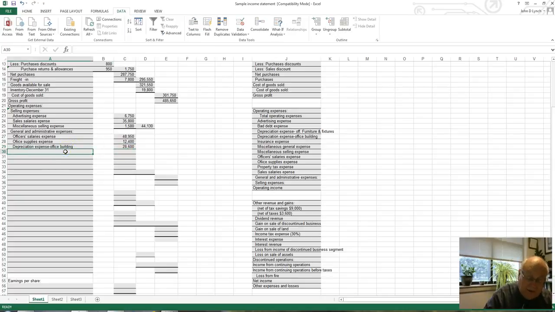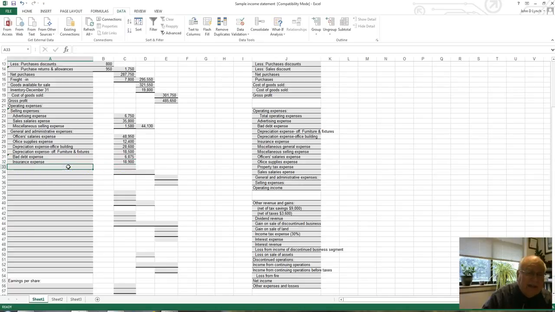We have depreciation expense office furniture and fixtures, which is for $18,500. We have your bad debt expense, which is for $68.75. We have insurance expense, and again, this is not by any means an exhaustive list, but gives you an idea.